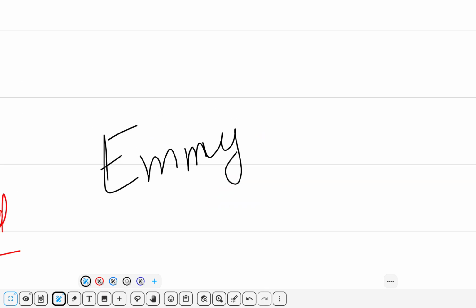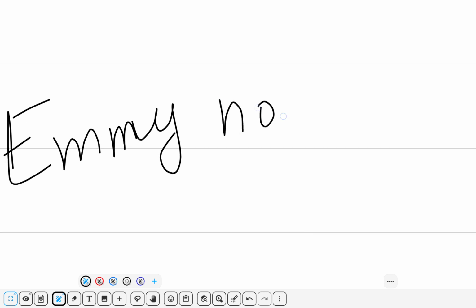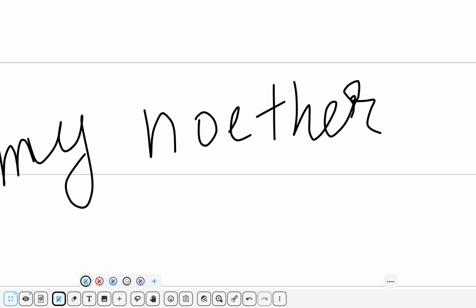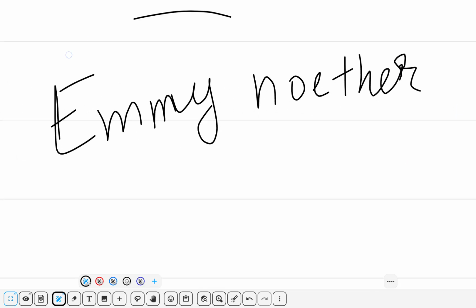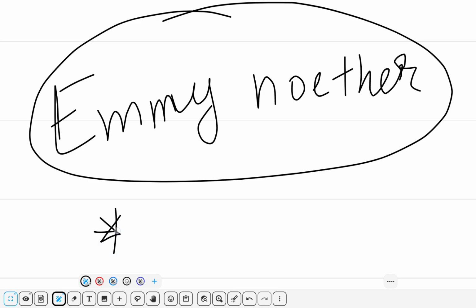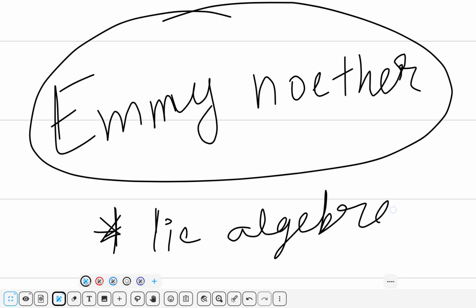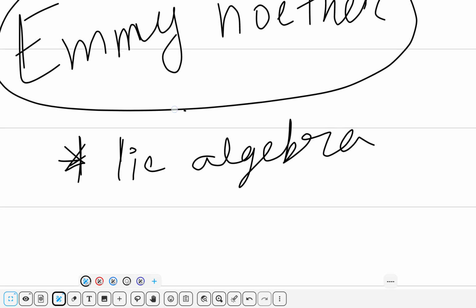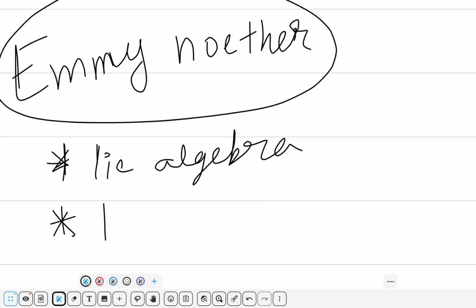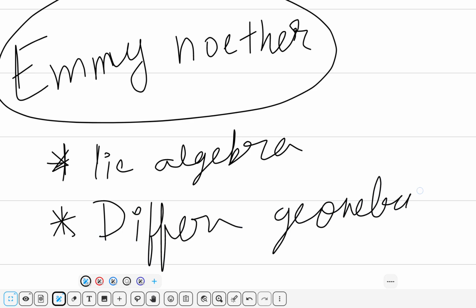I'm just telling it like a layman, but it was very strongly proved by Noether using things like Lie algebra, mostly Lie algebra, and she was also very good in differential geometry, and one of the most influential figures at that time.